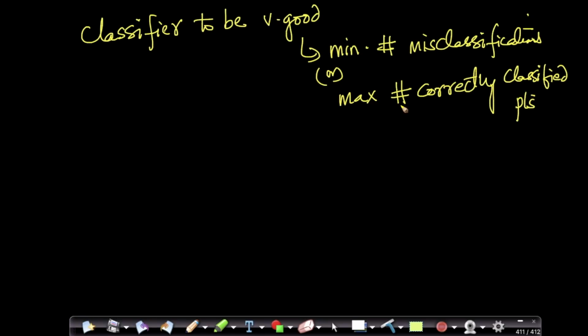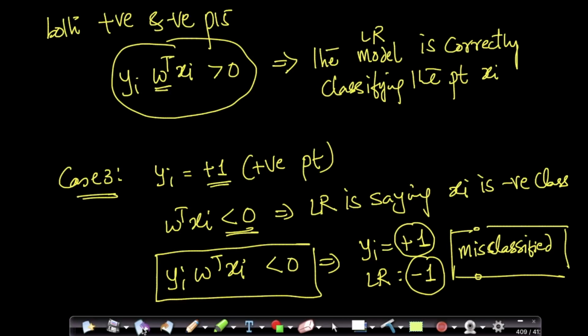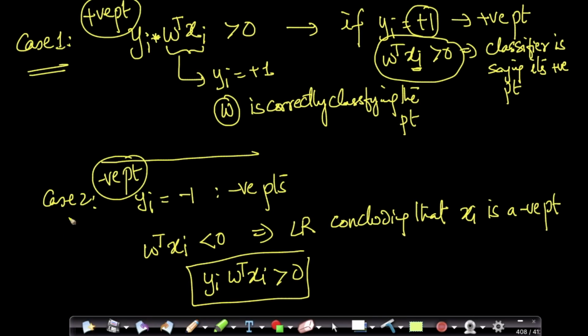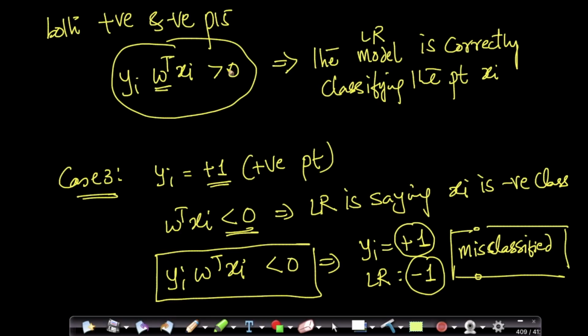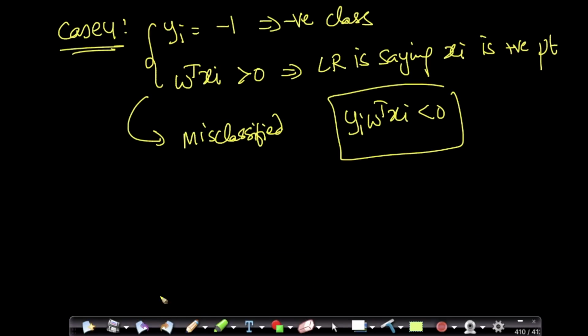Now, what is it for all correctly classified points? If you look at case 1 and case 2, the summary is, if it's correctly classified, then yi w transpose xi is greater than 0. If it is incorrectly classified or misclassified, your yi w transpose xi is less than 0 in case 3, and also in case 4 it is less than 0. Right?